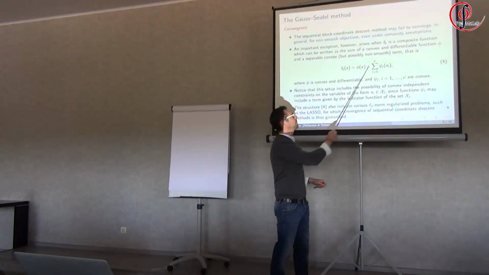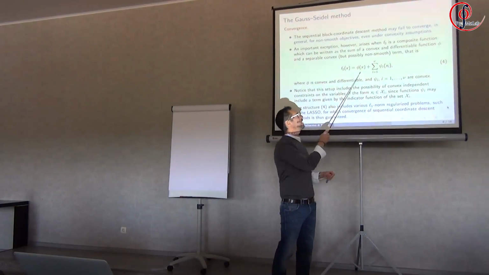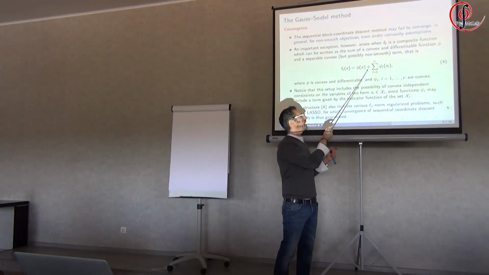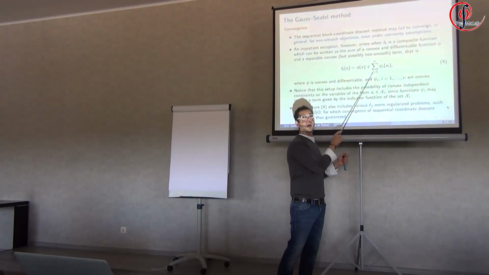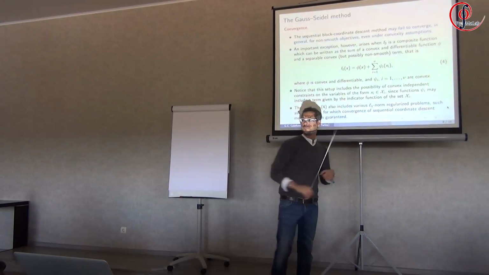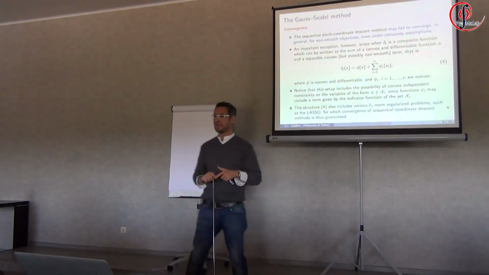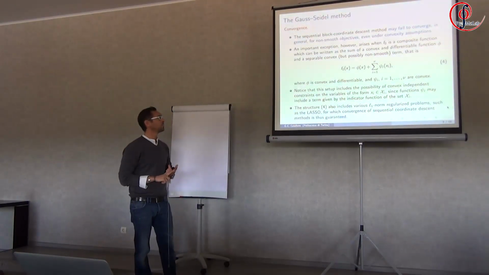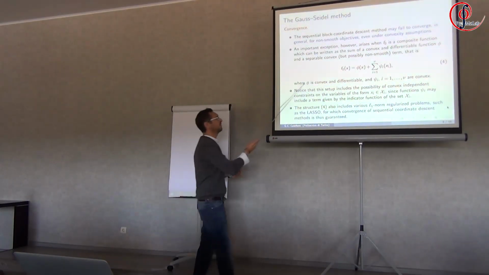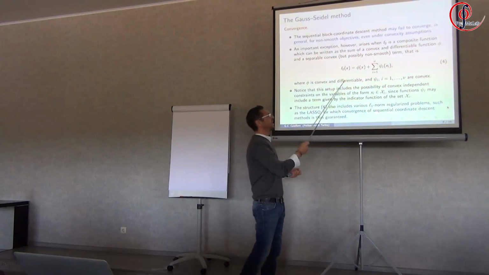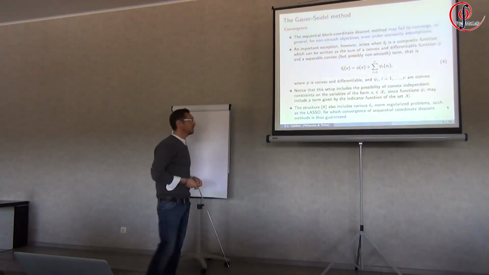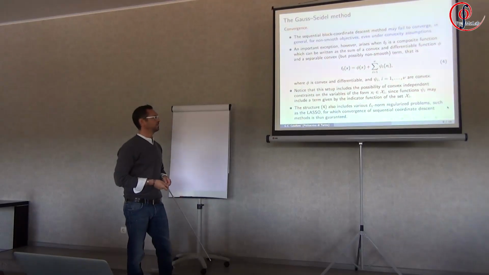So they have one term here, it's convex and differentiable, plus a sum of terms, psi, which are convex but may not be differentiable. Okay? So phi has to be convex and differentiable, and the psi, they just need to be convex, not need to be differentiable.